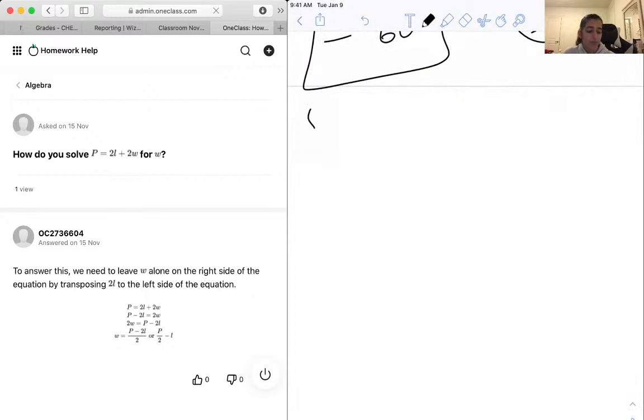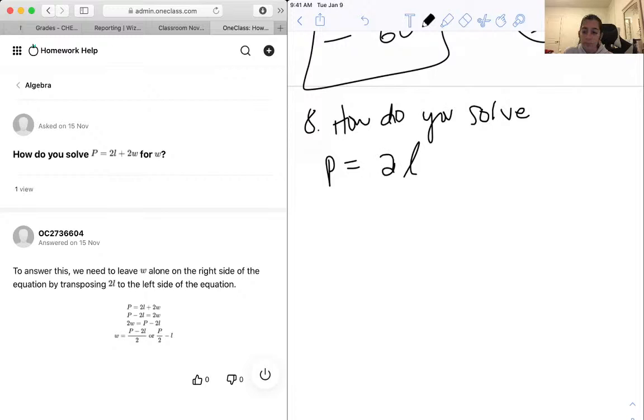Question 8, I believe. How do you solve P is equal to 2L plus 2W? So basically for W, they're asking you to just isolate for W. And how you can do that is using simple algebra.